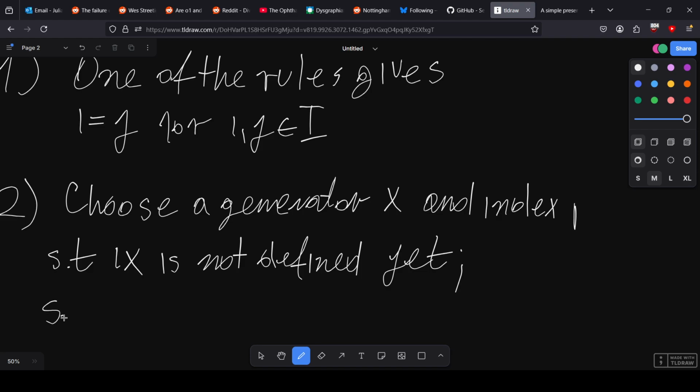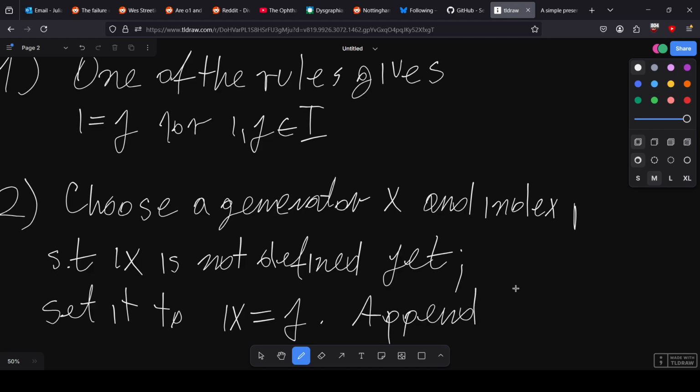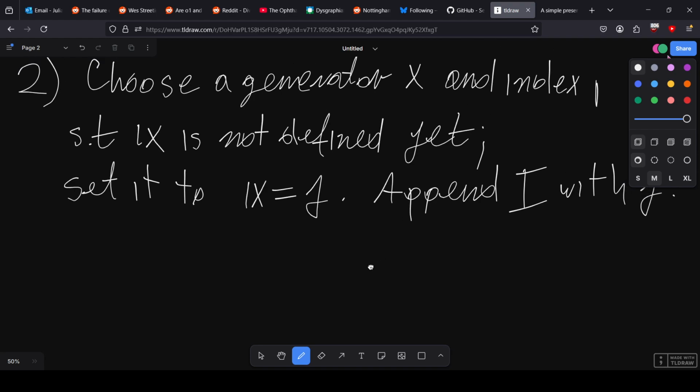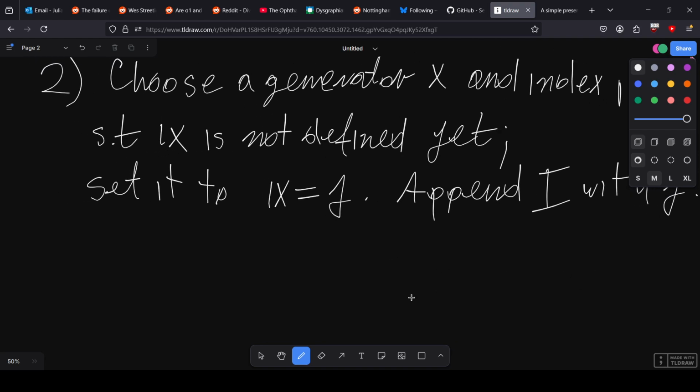And we set it to a new index, ix equals j. And then we append i with j. The process stops when we have an operation that is completely consistent with the rules we have done.